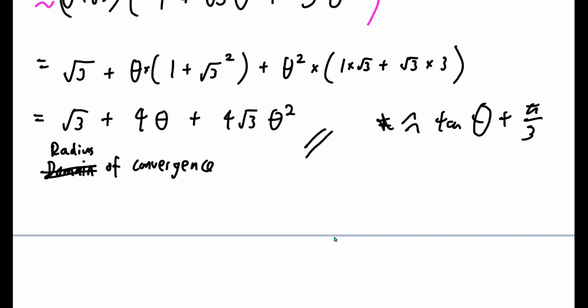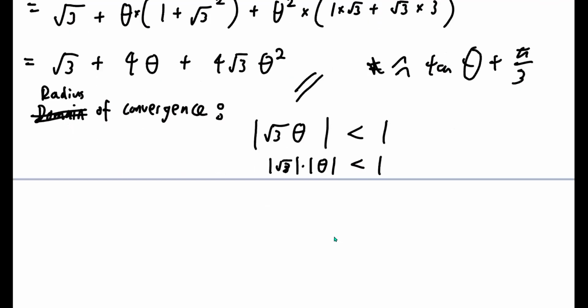That's a technical name. It's known as modulus of something less than 1. In this case the something is root 3 theta. Expand out, you end up with modulus root 3 times modulus theta less than 1, which means modulus of theta less than 1 over root 3. Because root 3 is already positive, you can drop the modulus.